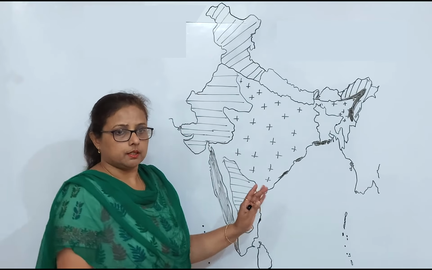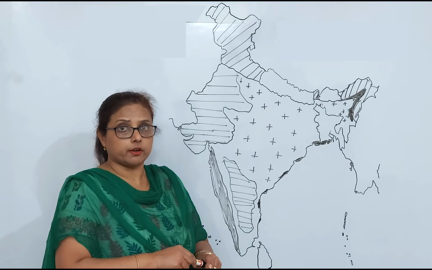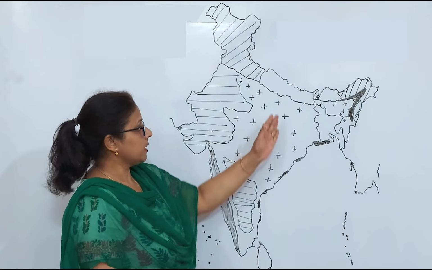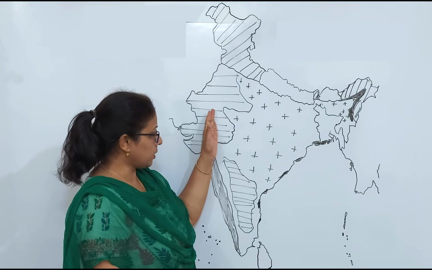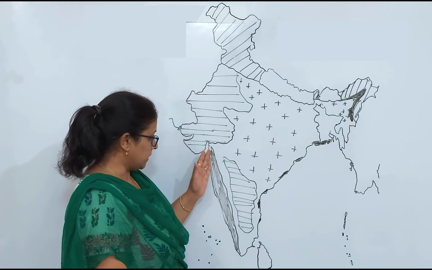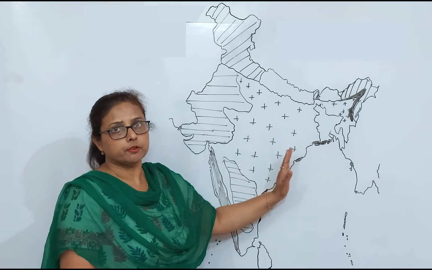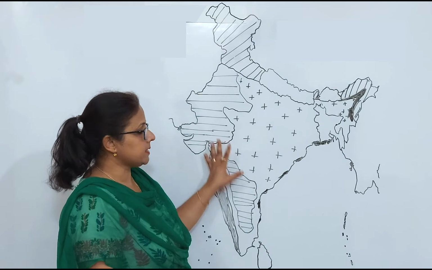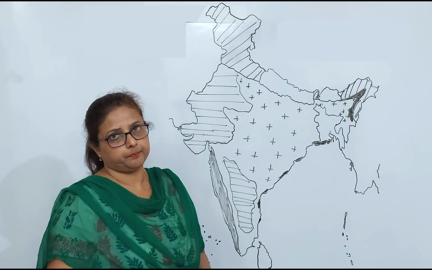So students, we have learnt the different varieties of forests which we have, starting from the mountain, the tropical deciduous, the thorny bushes or the thorn type of forest, the tropical evergreen and the tidal type of forest. So these are the basic types of vegetation which are found in India.